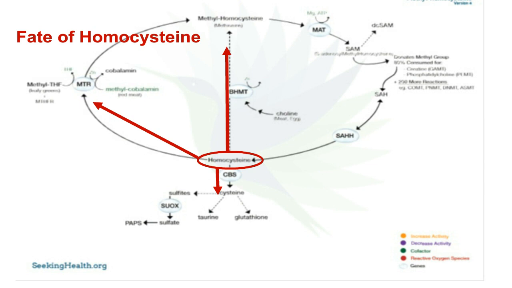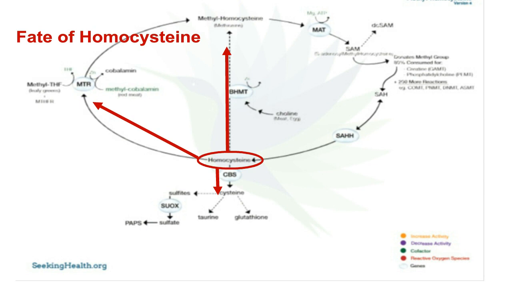It can take the short route directly straight north through the BHMT enzyme up to methionine, and then it can recirculate around through the MAT enzyme.